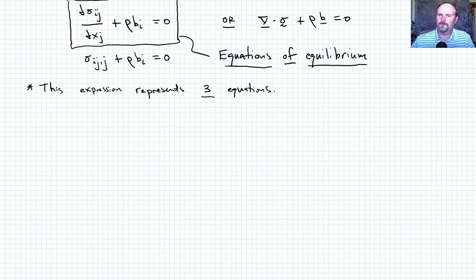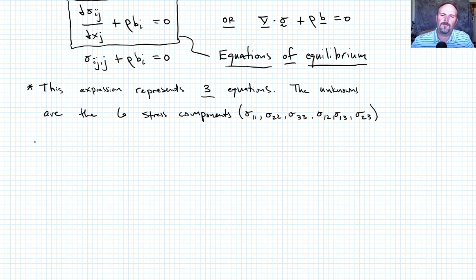How many unknowns? Well, for the above, the unknowns are going to be the 6 stress components: sigma 1 1, sigma 2 2, sigma 3 3, sigma 1 2, sigma 1 3, sigma 2 3. So here's the question I want to pose to you: how can we solve 3 equilibrium equations with 6 unknowns?